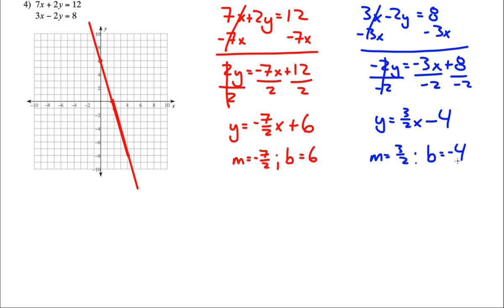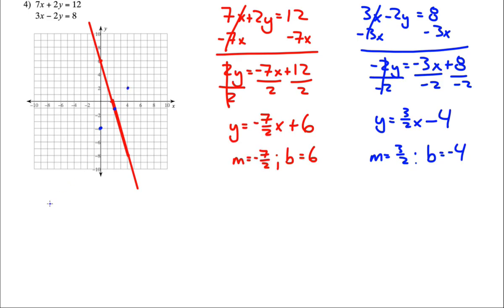So I'm going to graph it by beginning at negative 4 right here. And then from here, I'm going to go up 3, 1, 2, 3, and over 2, 1, 2, to right here. And then I'm going to do it again, up 3, 1, 2, 3, and over 2, 1, 2, to right here.